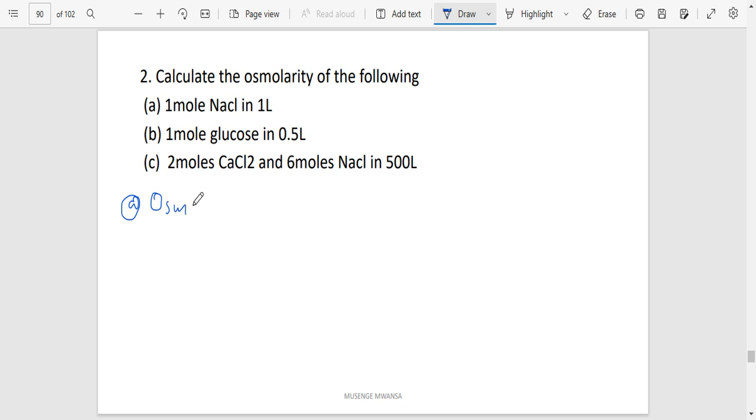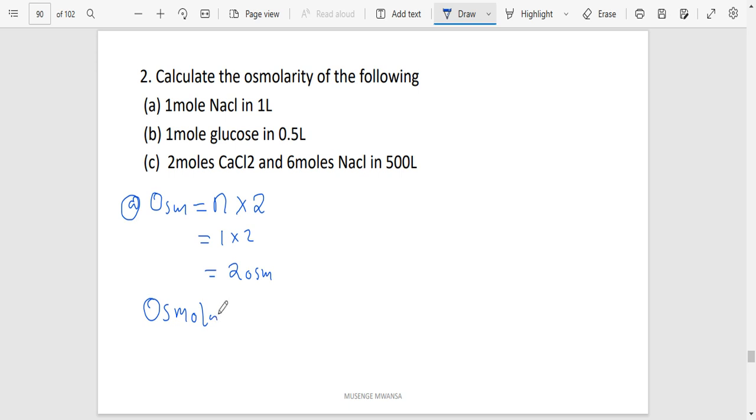The number of osmoles is given by number of moles times how many ions this is going to form when it dissociates. Sodium chloride forms 2 ions when it dissociates, and we know this is 1 mole. So that will be 1 mole times 2. This will give us the number of osmoles, which is 2 osmoles. Now to calculate the concentration, which is in this case osmolarity.